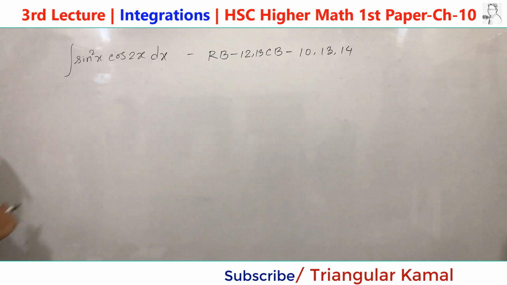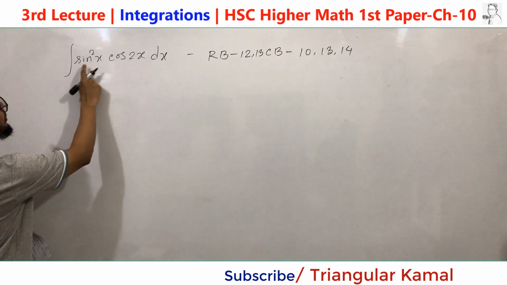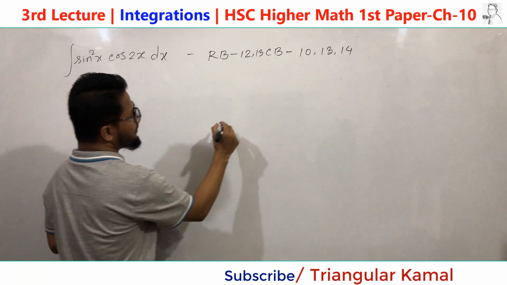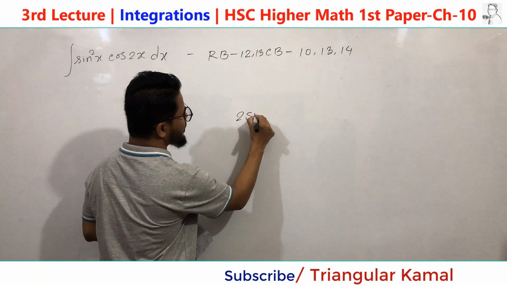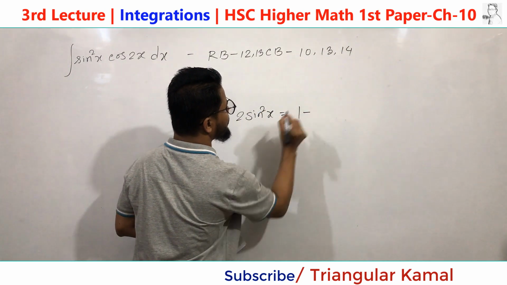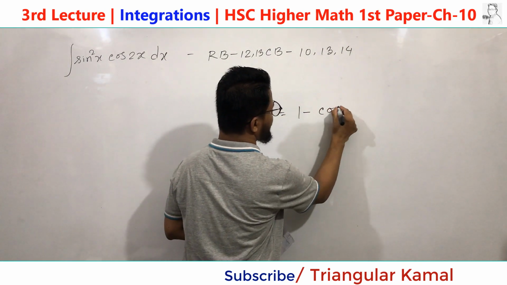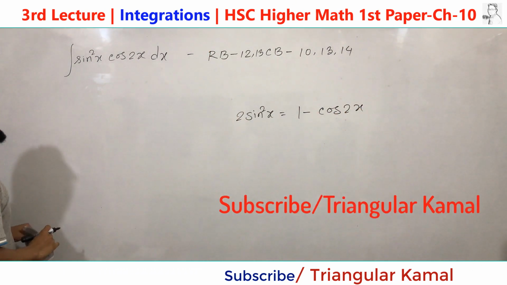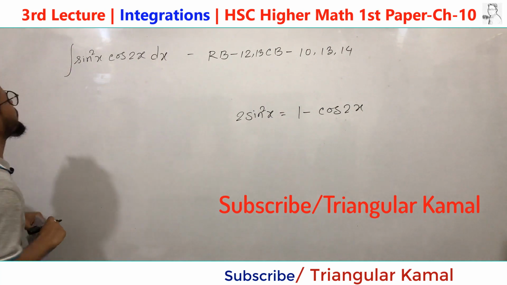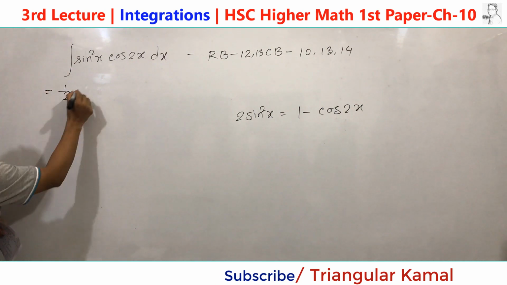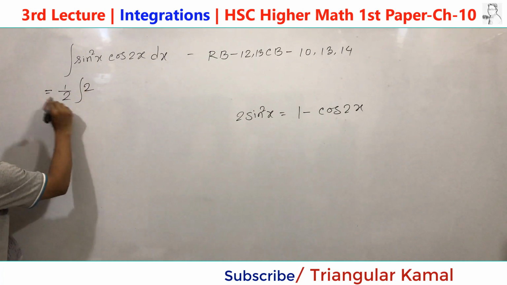First, we see here sin square, but we know the formula 2 sin square x equals 1 minus cos 2 times of x, a trigonometric formula. So we need here 2. Now divide by 2 and write 2.